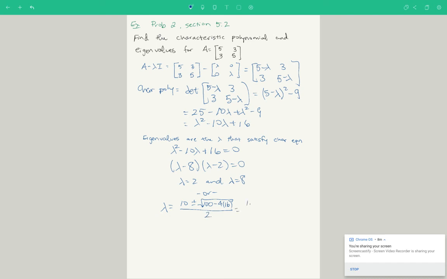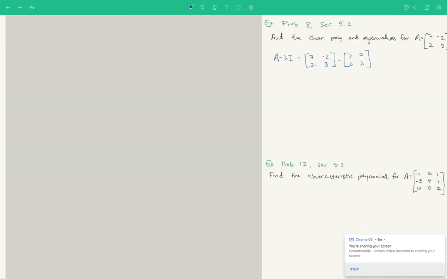And we can simplify that down a little bit more. So this is 10 plus or minus the square root of 36 over 2. And of course, the square root of 36 is 6. So this would give us that lambda equals either 10 plus 6 over 2, which would give us our 8, or 10 minus 6 over 2, which would give us our 2. So either way that you want to do this is fine, but now we found our lambda, so those are our eigenvalues. Let's take a look at another example.